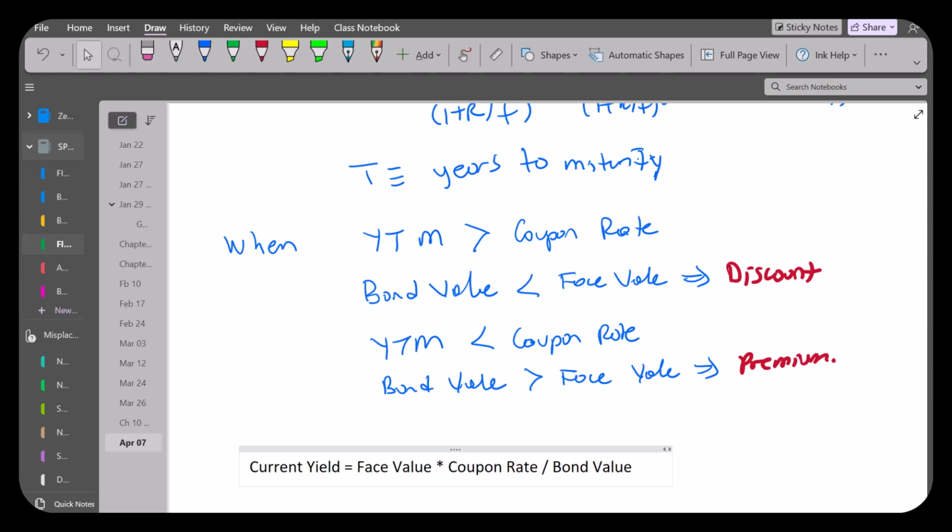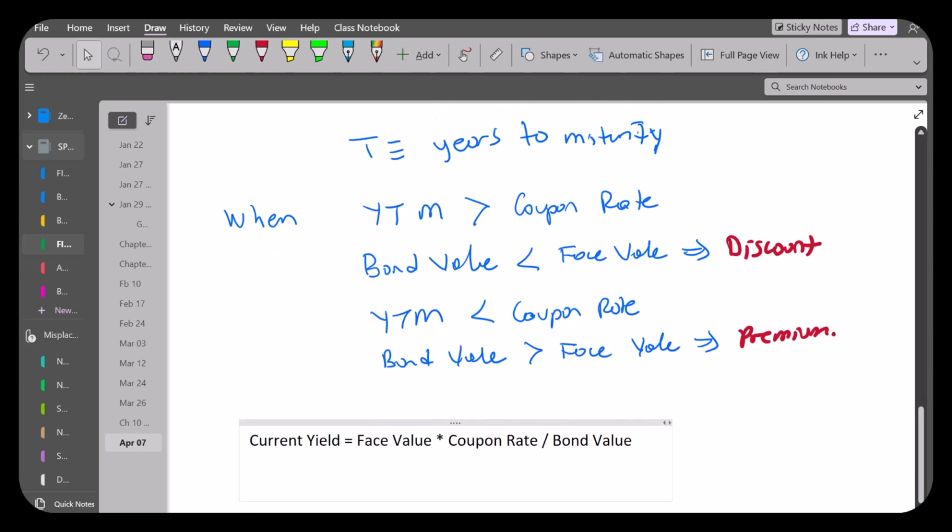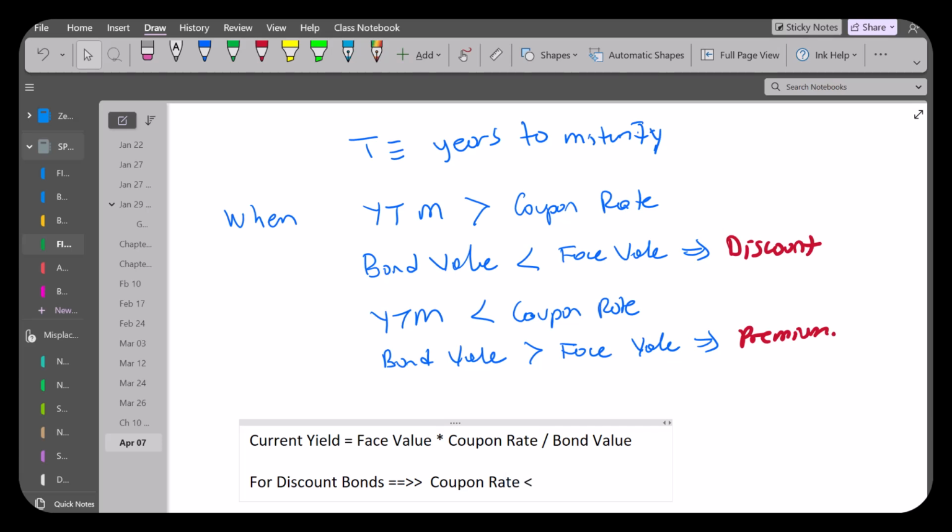One thing you should know for discount bonds, coupon rate is less than current yield, which in turn is less than yield to maturity.